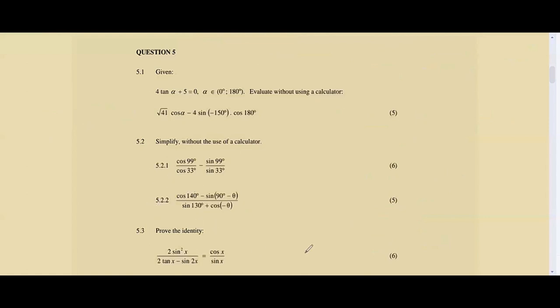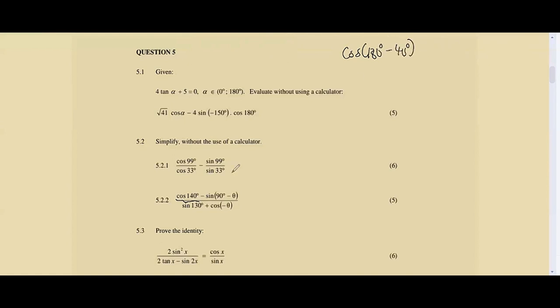5.2.2, we are given cos 140 degrees minus sine 90 degrees minus theta, over sine 130 degrees plus cos of a negative angle. So we know that we should reduce this one in terms of reduction formulae. This will be cos 180 degrees minus 40 degrees.